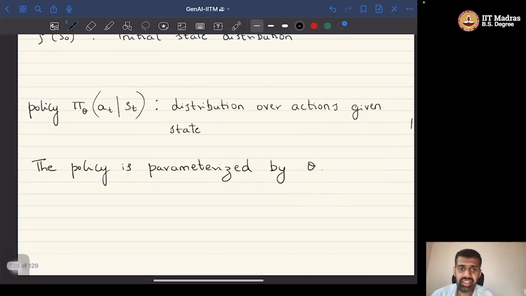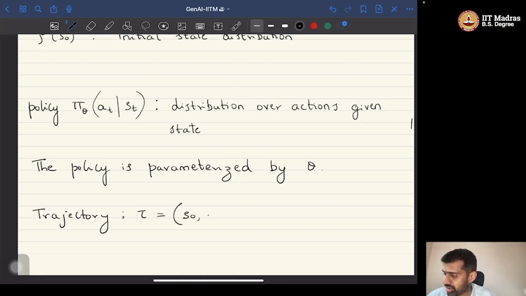Okay, so while the agent is acting, we get what is called a trajectory, denoted by tau. Now this is a set that contains alternating states and actions, S0, A0, S1, A1, S2, A2 and so on.